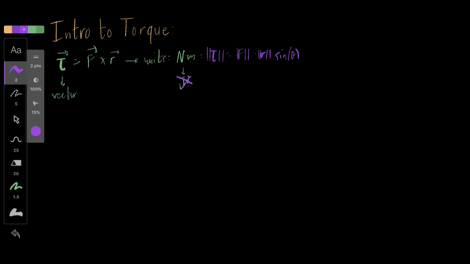Now, basically what this means is that if I push in the same direction as the displacement, I'm just going to push it translationally, and that's just regular force with no torque involved.